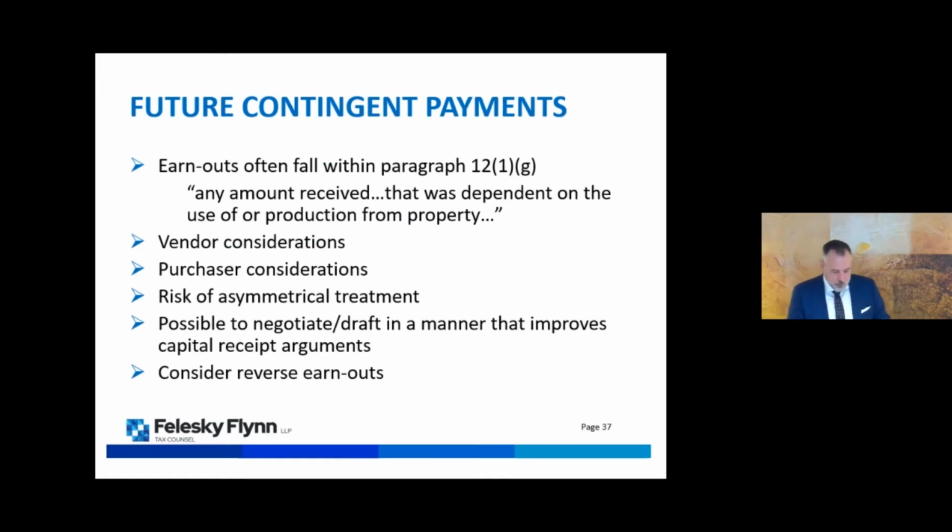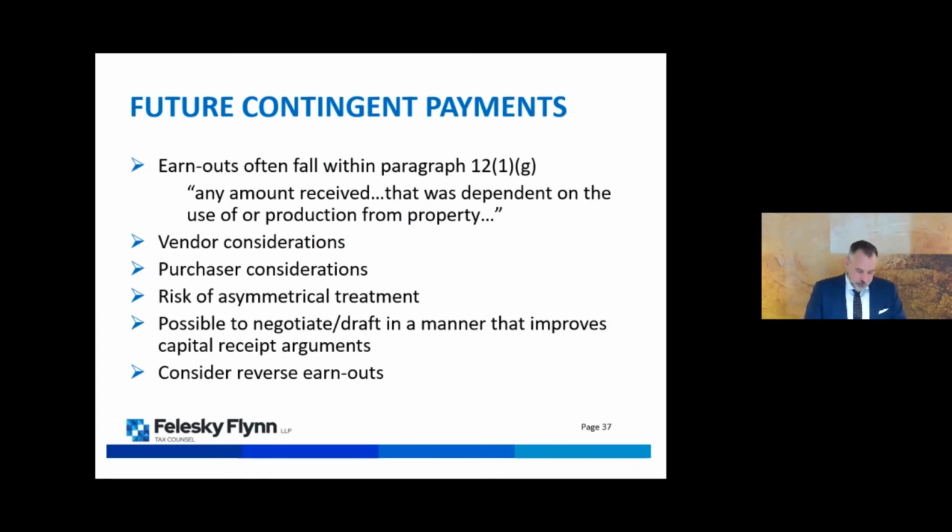And future contingent payments, or earnouts, often fall within paragraph 12(1)(g). And 12(1)(g) applies to include into income any amount that was received that was dependent on the use of or production from property.